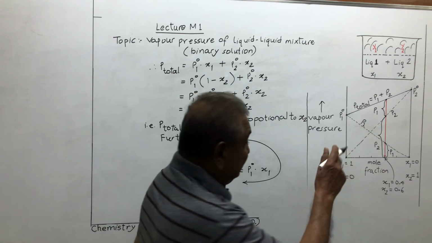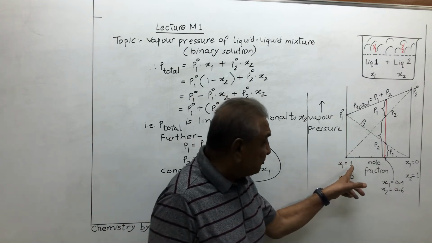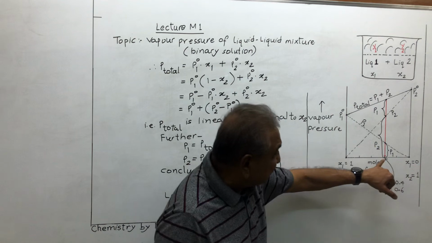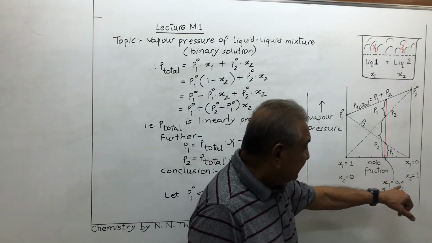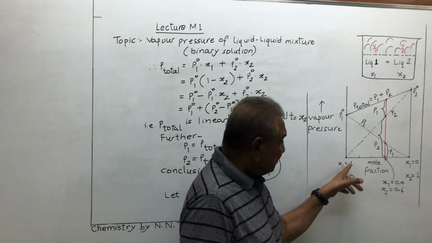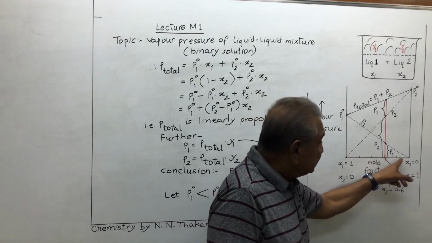Now, while going left to right, the mole fraction of component 1 goes on decreasing. Say at a certain point, mole fraction of component 1 is 0.4. From 1 it is 0.8, 0.6, 0.4, 0.2, 0.